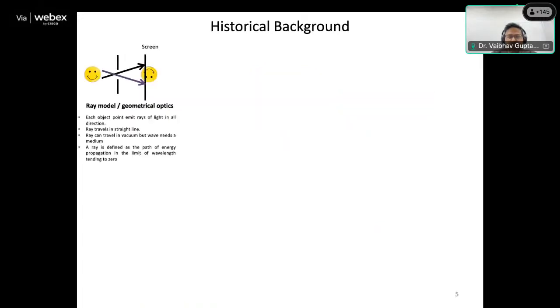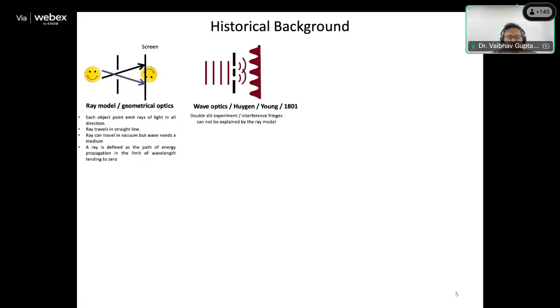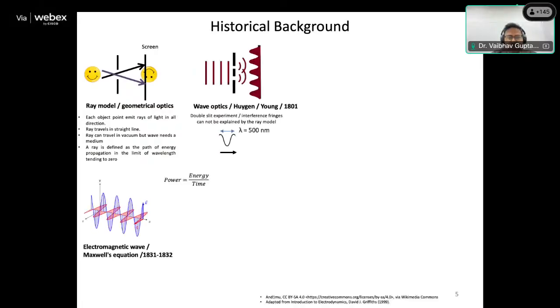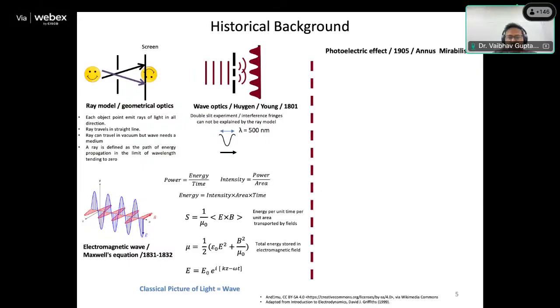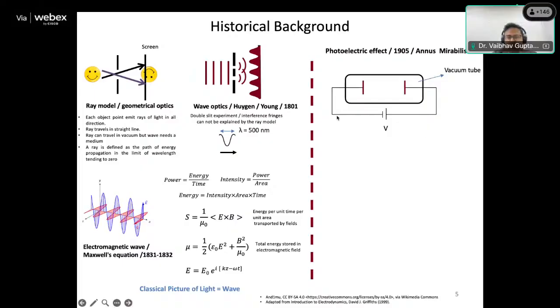Then we came up with the historical background, that there was a wave picture or ray optics in the beginning. And with time, Maxwell started with his equations. And then finally, we have the photoelectric effect. And we have these cathode ray tubes, and inside these vacuum tubes, the photoelectric effect was done. And Einstein got the Nobel Prize for finding that light is not only a wave, but it is also a particle.